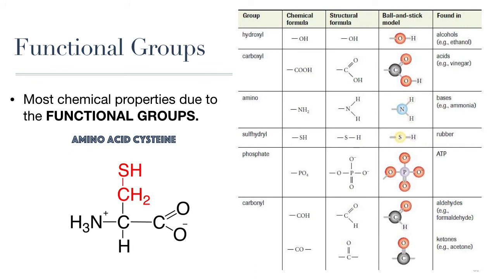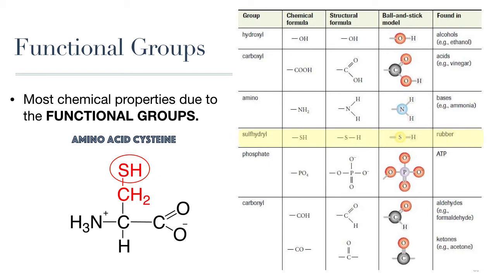Now, this is the amino acid cysteine right here. And I'm not putting this one here to show carboxyl groups or amino groups again, although in this particular diagram you can see that both the carboxyl group and the amino group are found in their ionized forms. But I'm actually showing you this amino acid because it is the only amino acid that has a sulfur atom in its structure.